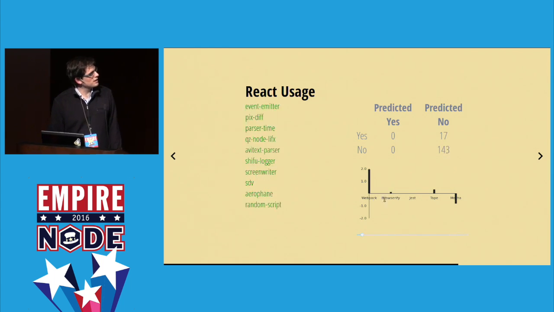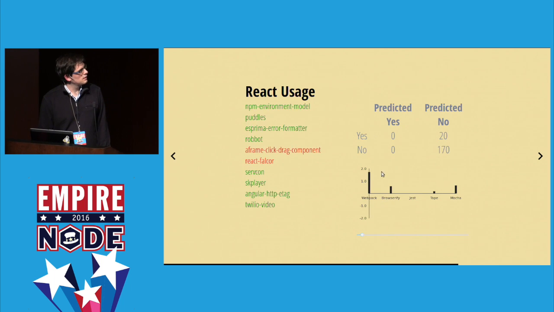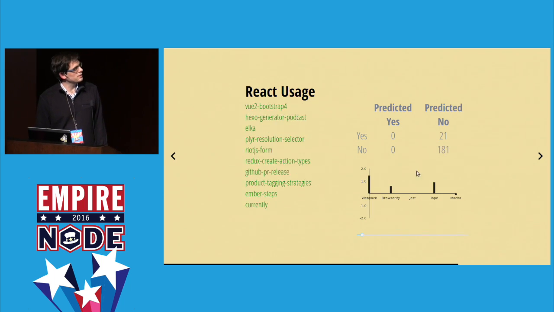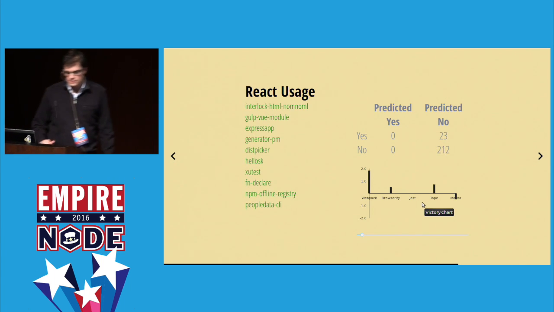Then here we have this bar chart for Webpack, Browserify, Jest, Tape, Mocha. And it's pretty clear that Webpack seems to be very indicative. These are the importances of these variables, and we can see that Webpack is definitely the most important.